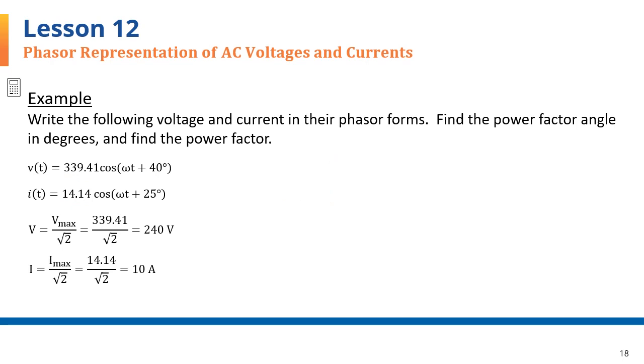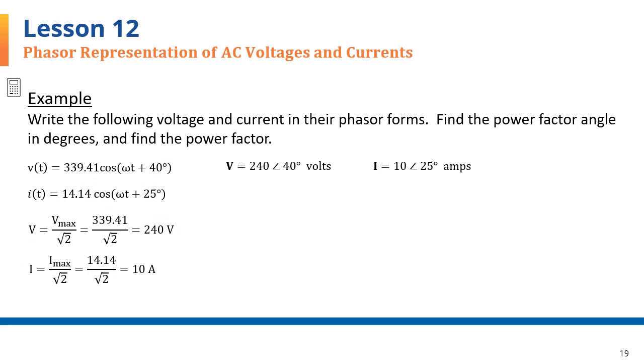Here are those values. V RMS, or effective value of V, equals this quantity over square root of 2, that comes to 240 volts, and I RMS equals this quantity, I max, over square root of 2, that gives us 10 amps for that value. The angles for each of these two are immediately known by just looking at the equations: 40 degrees for voltage and 25 degrees for the current.